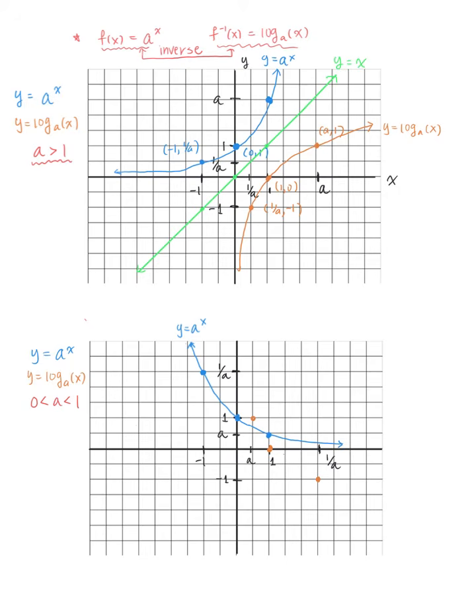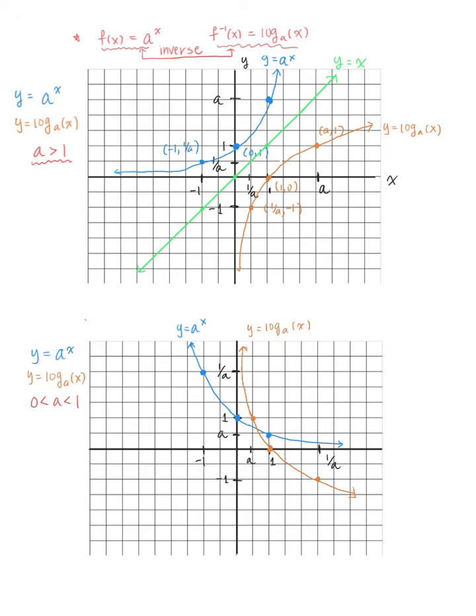All right, let me see if I can draw this out. All right, so this is y equals log base a of x when a is between 0 and 1.